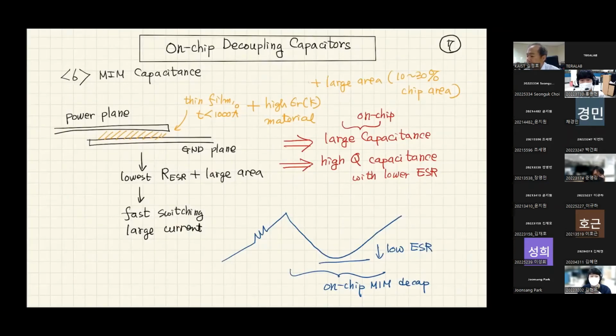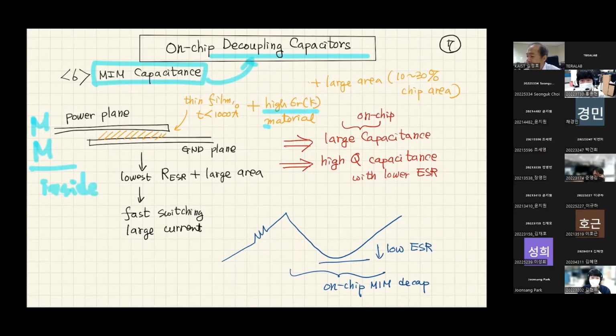Now, I would like to give you another type of capacitance called MIM capacitance for decoupling capacitor. That is very intentionally designed metal-to-metal capacitance inside the chip, and we want to put very high K material.